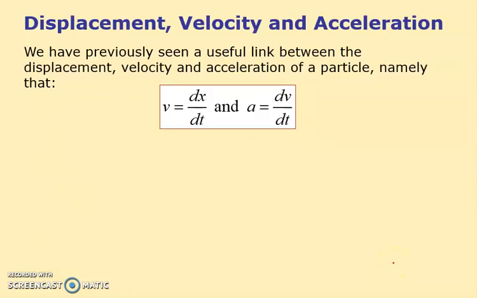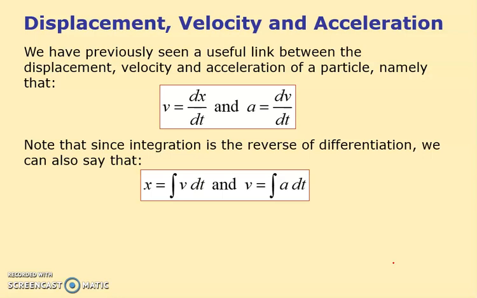We have previously seen these two rules, and hopefully you wrote those down last time. Make sure you do so now if you haven't. But today we're doing the reverse of that, and it basically says if ever I want to get x, I integrate v with respect to t. Notice before I said v is dx by dt. You can almost think of this as moving over, and it becomes an integration.